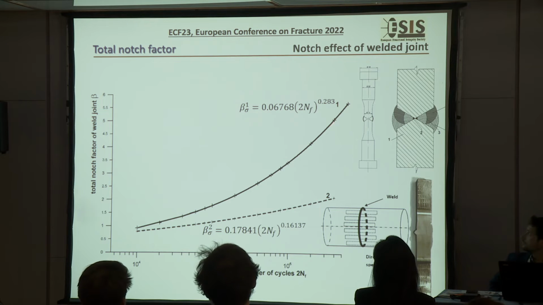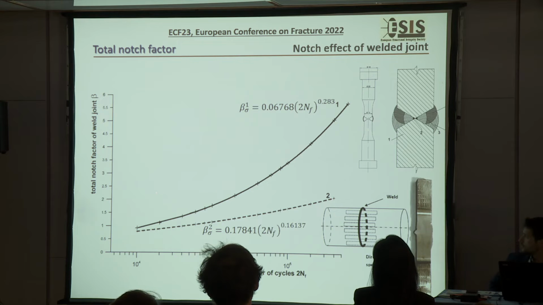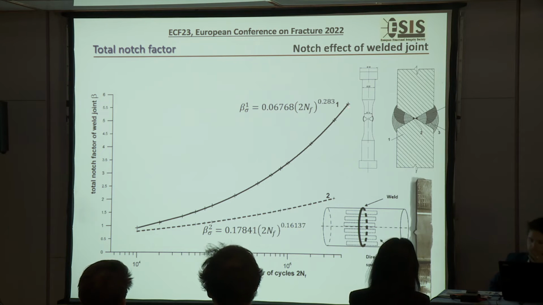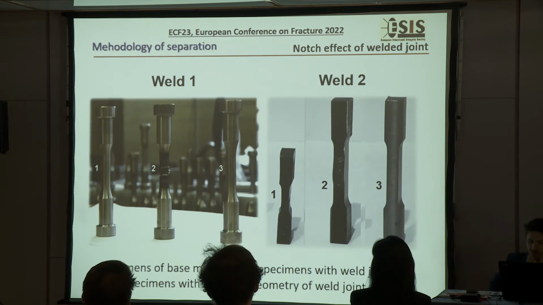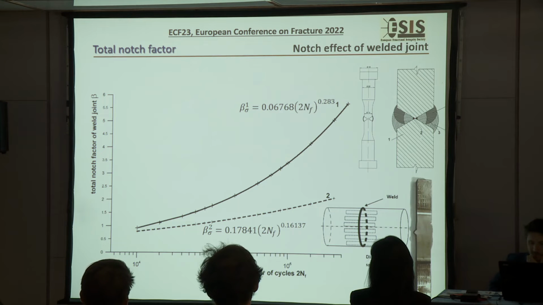This is the worst situation, this is the best situation, and something between exists for all other similar types of welds. This range is relatively large, because here the maximum value is about 2 and here it exceeds 5. It depends on the technology of the weld, as is possible to see in the next slide.